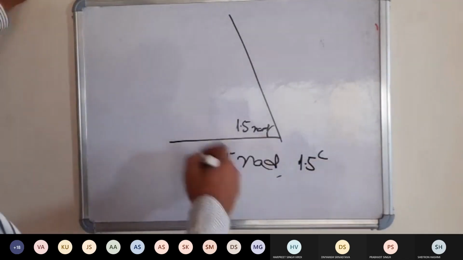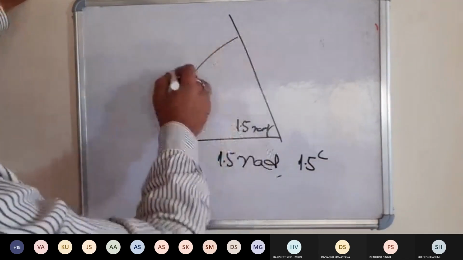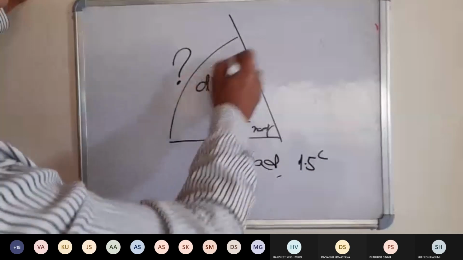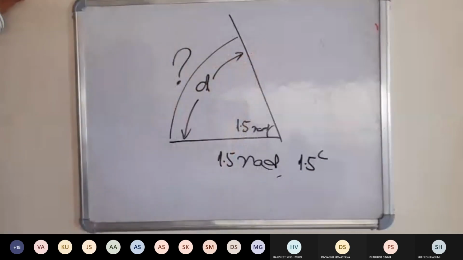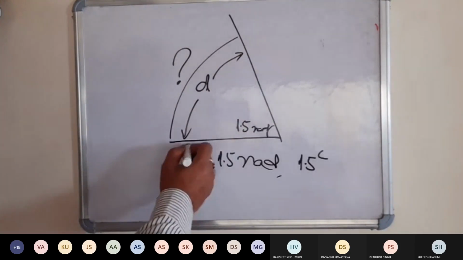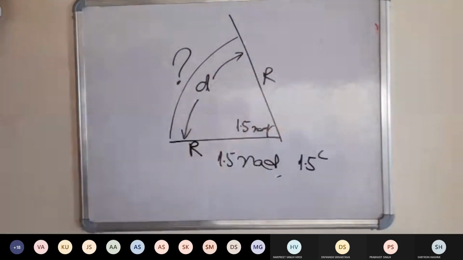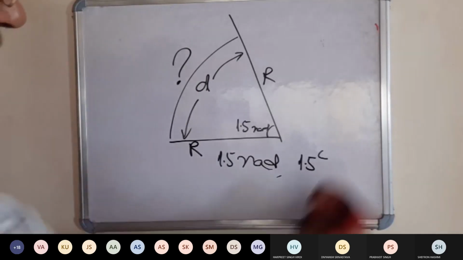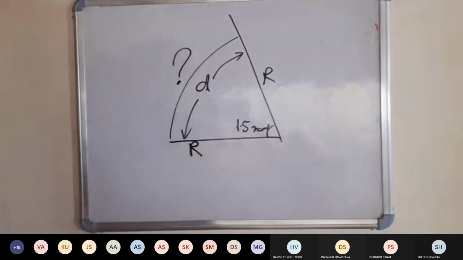If this is 1.5 radian, how much is the length of the arc, given that the radius is r? We discussed this yesterday. I wanted you to remember and understand that.